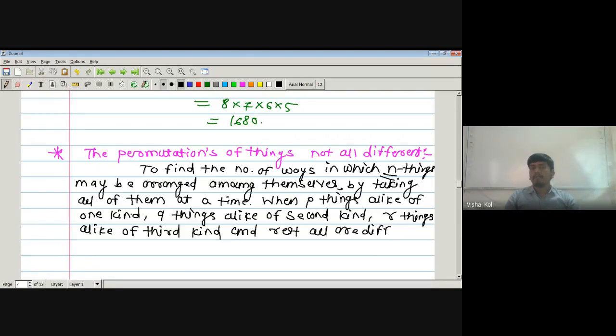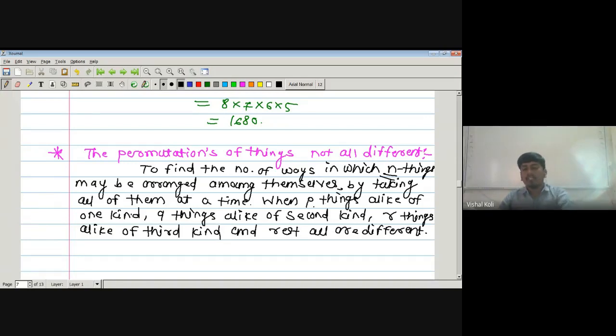Okay, so here we have given n things. Among these n things we have to take all these n things at a time, and among these n things, p things are alike of one kind, q things are alike of second kind, and r things are of third kind, and rest things are different.